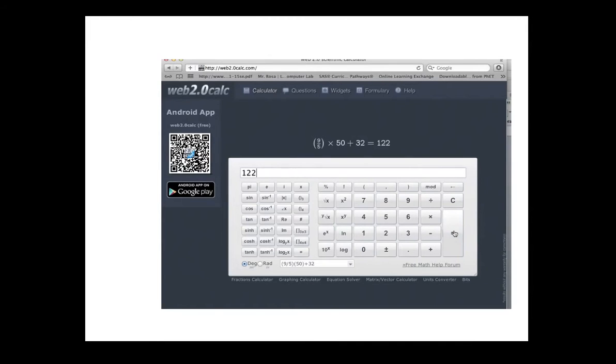Now enter, and you can see right here all the process, and they're telling you that 50 degrees Celsius is 122 Fahrenheit degrees. And you can do this one with the rest.